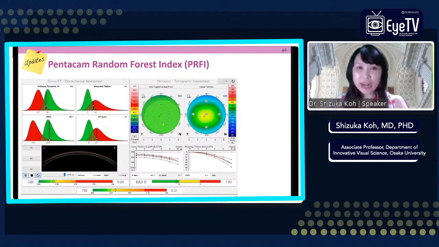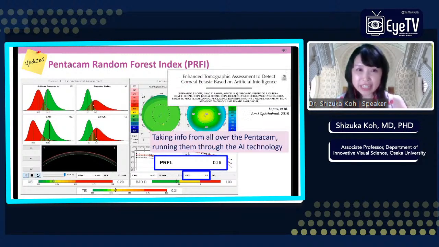PRFI is a random forest model built using data from the Pentacam HR. The recent international multi-center study reported that the PRFI enhances ectasia diagnosis. I believe that we will see further advances in this field.